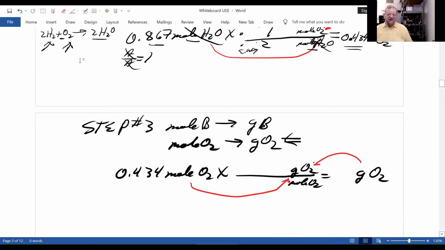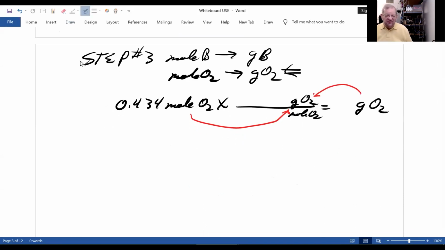And where do I get these numbers right here? I know that 1 mole of a compound, and this is important information for test number 2, I used to make students memorize this, including the 3 steps, but it will be given to you.